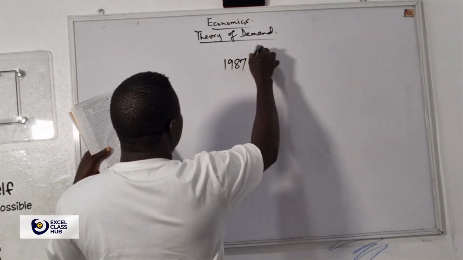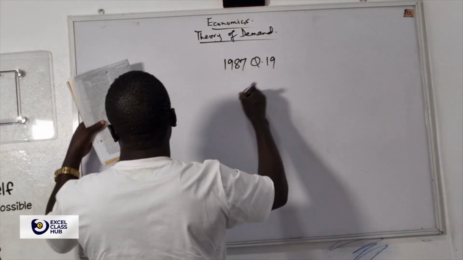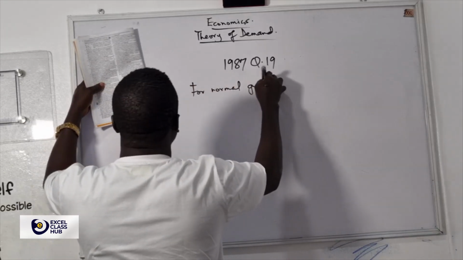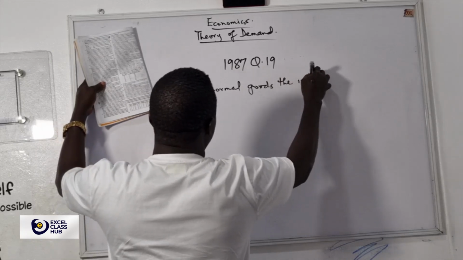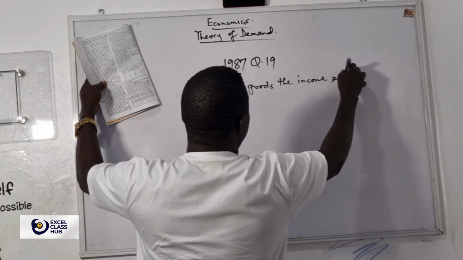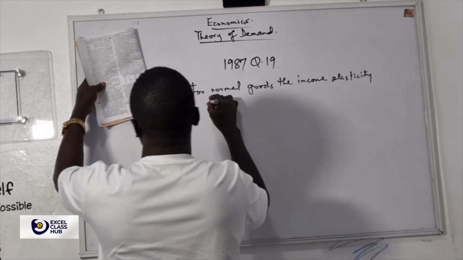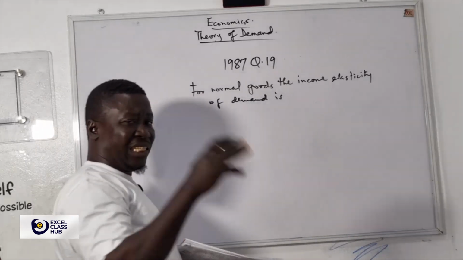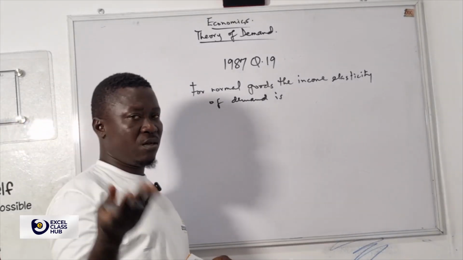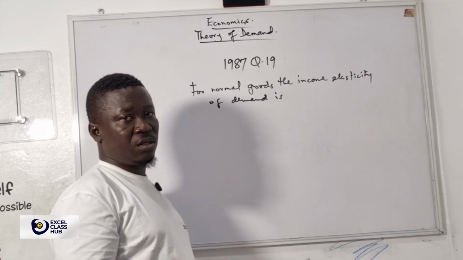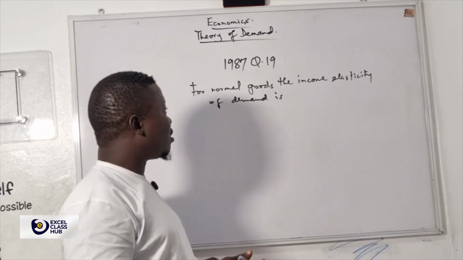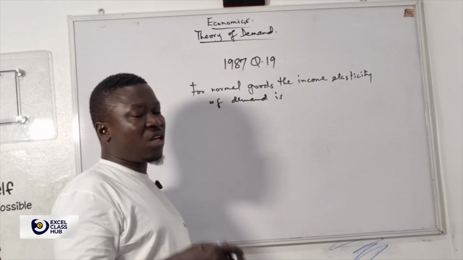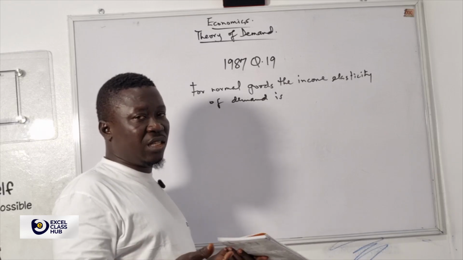Another question. 1987, question 19. The question says, for normal goods, the income elasticity of demand is... I think I did something the other time. You have a particular good where, when income increases, demand also increases. With some, when income increases, demand is constant.